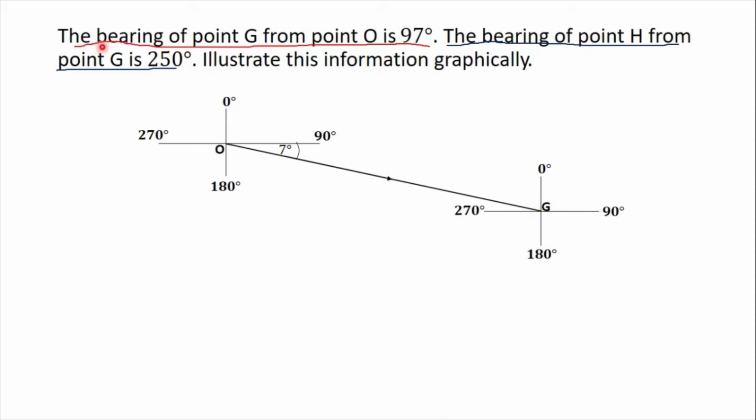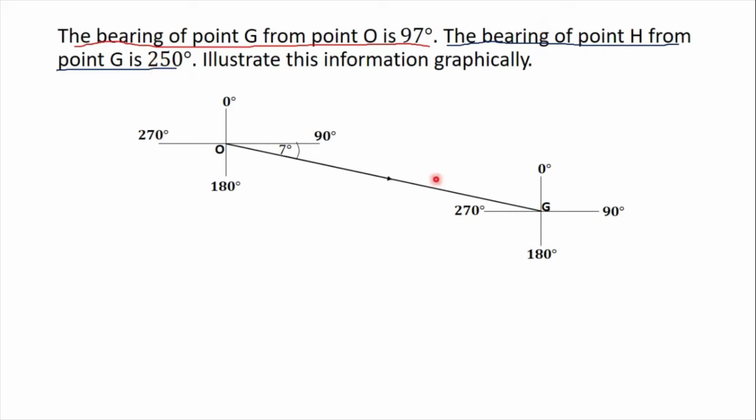The first part, the ending point was point G. The second part, the starting point is point G. Because the starting point is point G, we are going to draw this diagram here with the angles indicated on it like this, so that we can take the new bearing from point G. So the starting point is point G. The angle is 250 degrees.